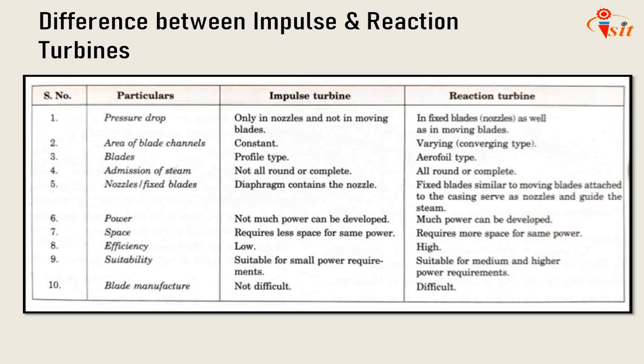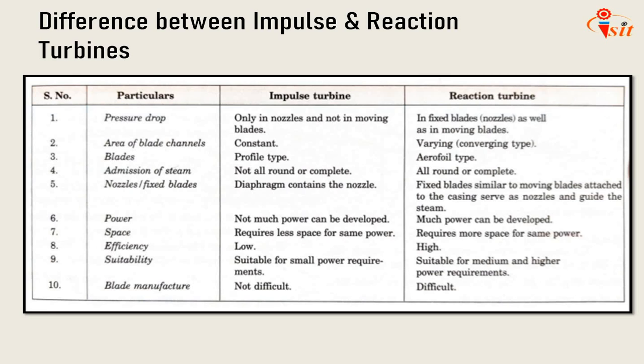So here the table lists the difference points with respect to particulars such as pressure drop, area of blade channels, blades, admission of steam, nozzles, fixed blades, power, space, efficiency, suitability, blade manufacture.